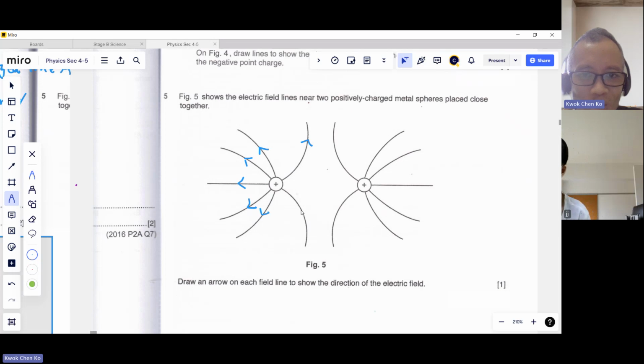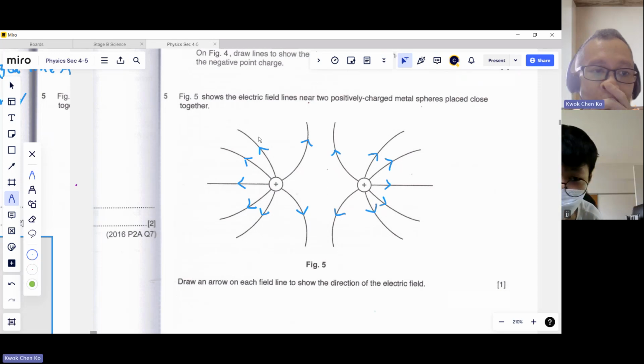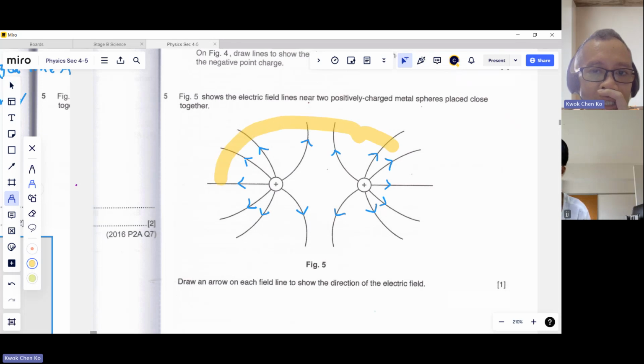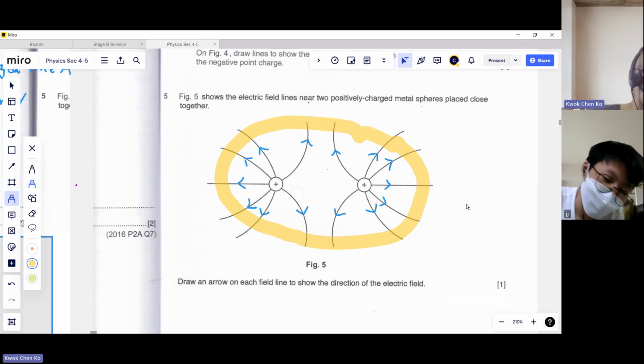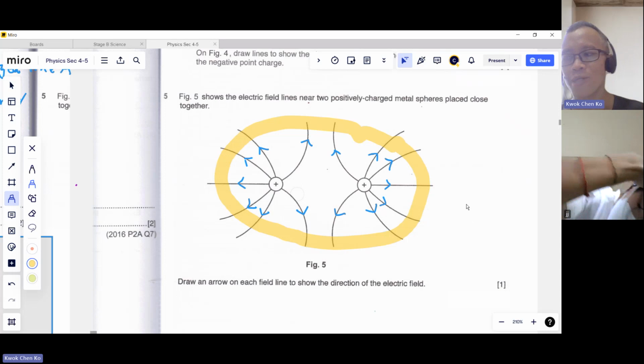So arrows are always away from positive and towards negative, but there's no negative here. Just a small reminder, make sure all these lines have their arrows. Try not to miss out a single line. That would be a loss of marks.